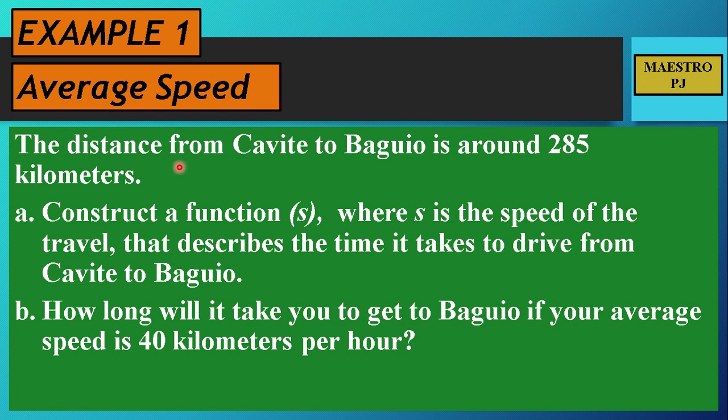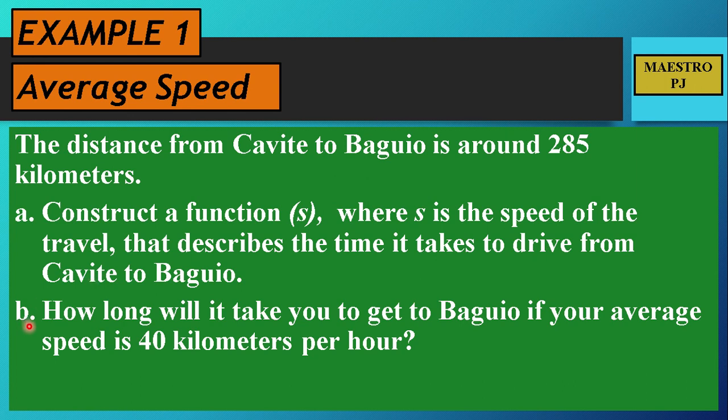The distance from Cavite to Baguio is around 285 kilometers. So, ang task natin is to construct a function S where S is the speed of the travel that describes the time it takes to drive from Cavite to Baguio.